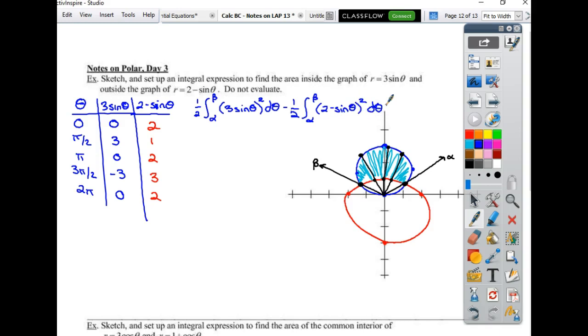So do you agree that this is kind of what we're looking at doing? And does that make sense? So what's the only thing we have to figure out now? The only thing I don't know is alpha and beta, right? I've literally got the entire thing set up. I just need to figure out between what two angle measures. So how do we do that?